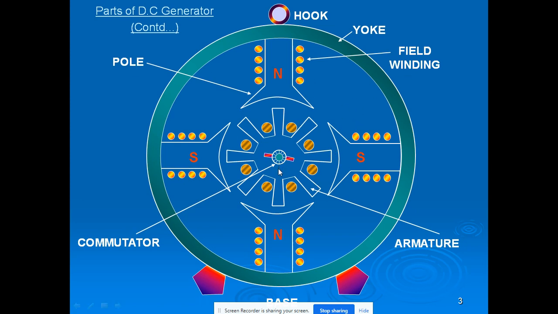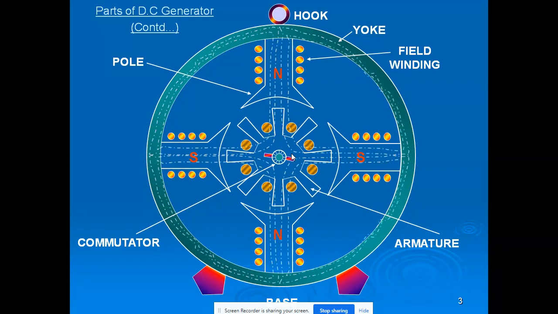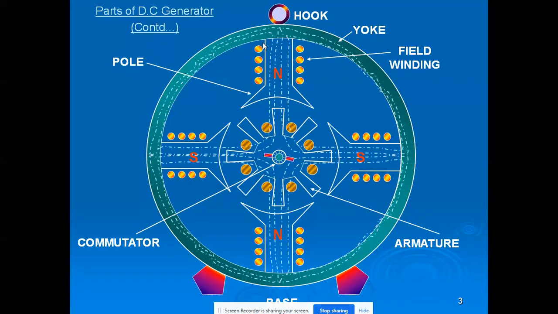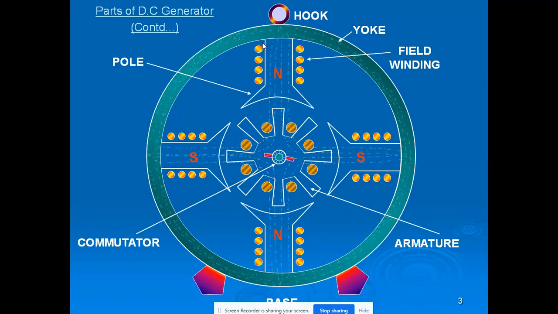This commutator mainly converts the alternating current which is generated in armature to direct current. This is the magnetic flux lines, which are shown as dotted lines.